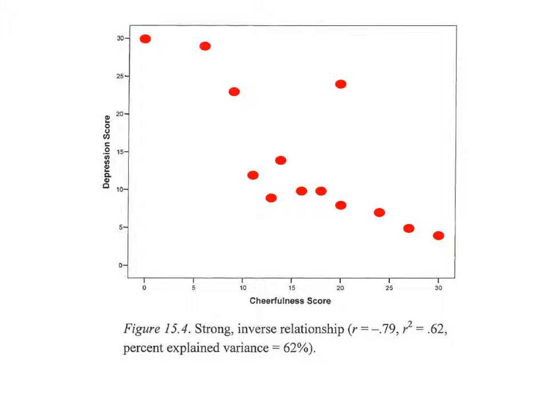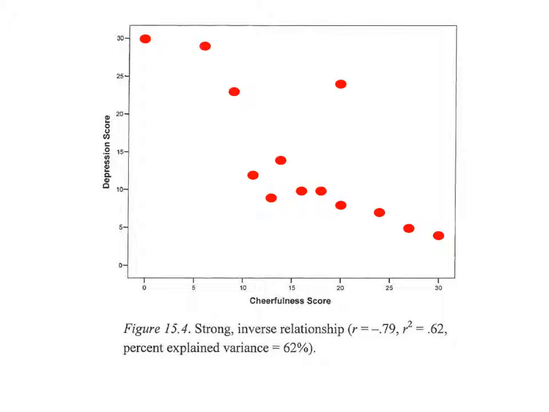So those who are high on cheerfulness tend to be low on depression, and those who are low on cheerfulness tend to be high on depression. So if we look at the overall trend, it does show that the relationship is inverse. There is, however, a scattering of dots that indicates the relationship is not perfect. And in an inverse relationship, the dots generally follow a pattern from the upper left to the lower right.